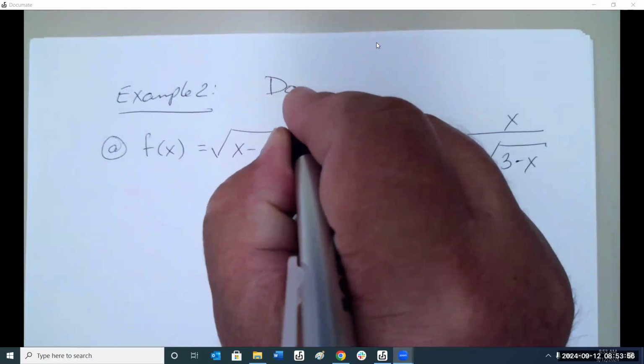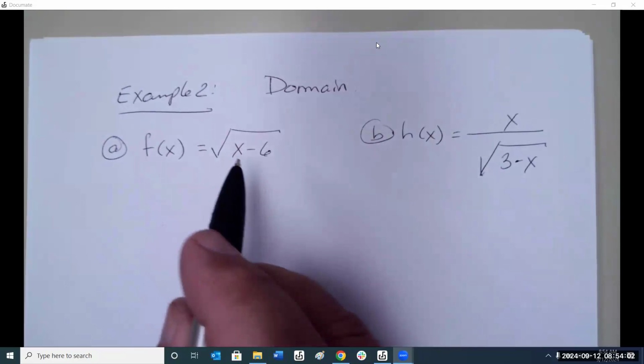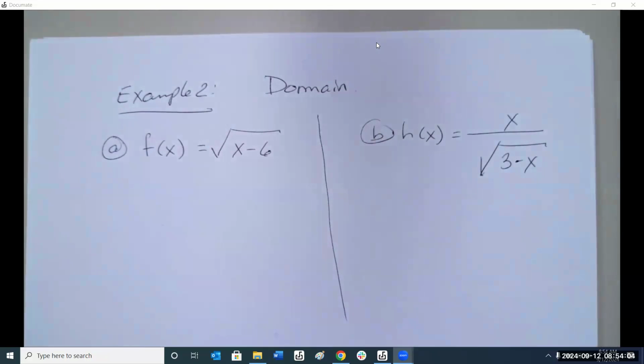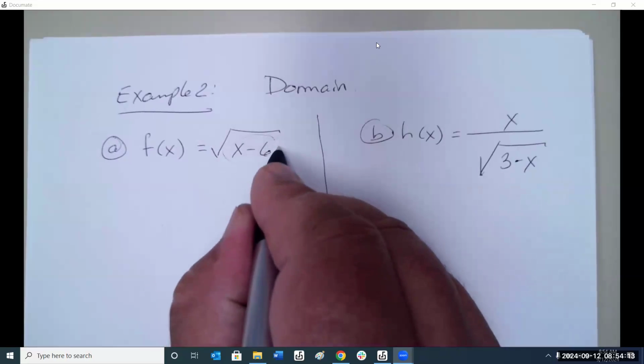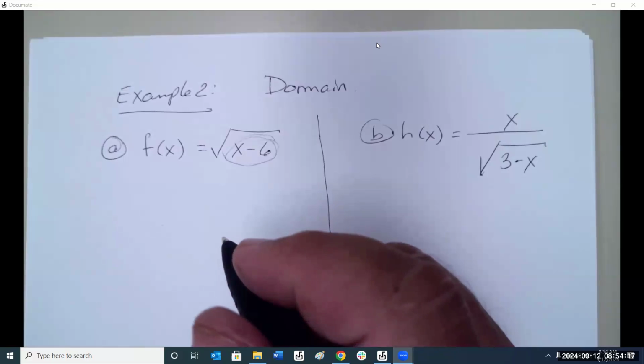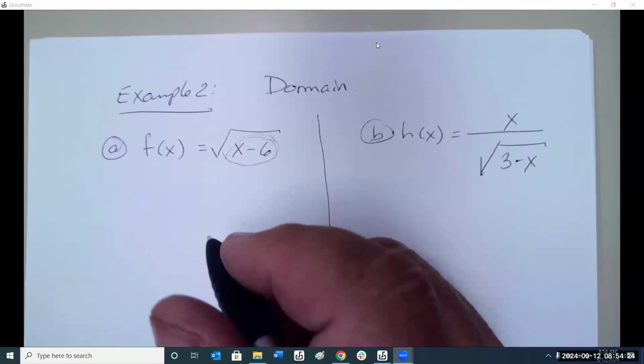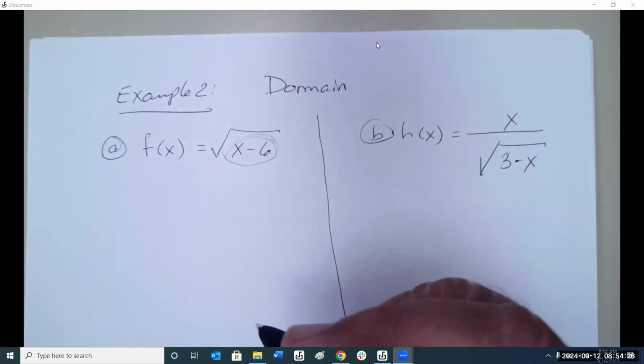So we're looking for the domain. What do we know about radicals? Right. The only rule we have about radicals is that inside there, it can never be negative. So what's the smallest it can become? 0. Square root of 0 is 0.